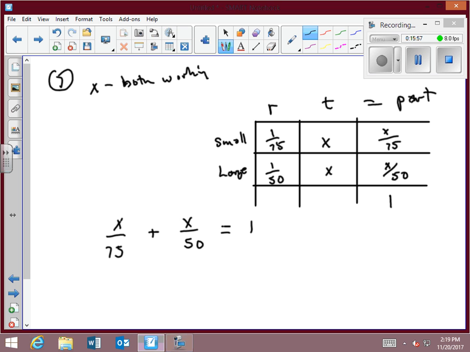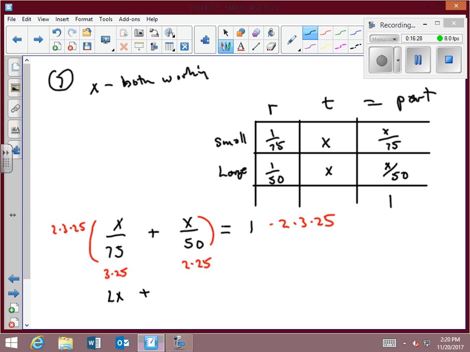Equals 1, right? Now this is the same thing as the previous problem. This is 3 times 25, 2 times 25. The least common denominator is 2 times 3 times 25. So when you multiply the least common denominator by the first one, it's going to be 2x.